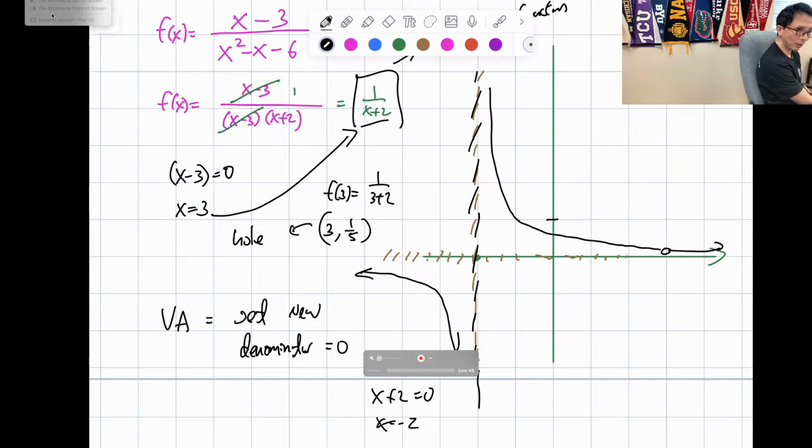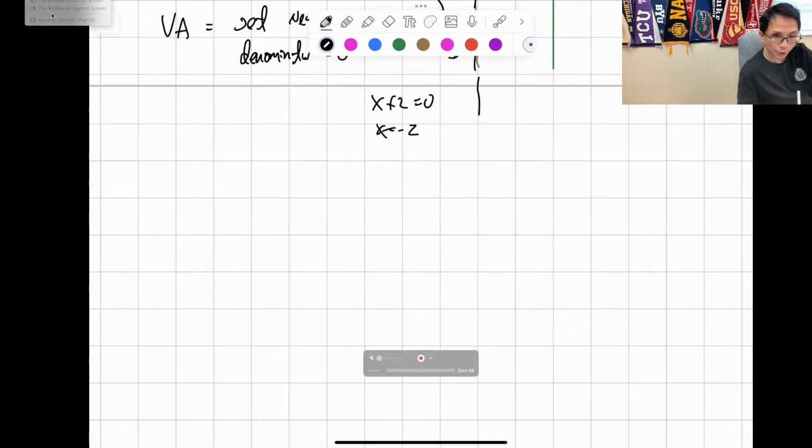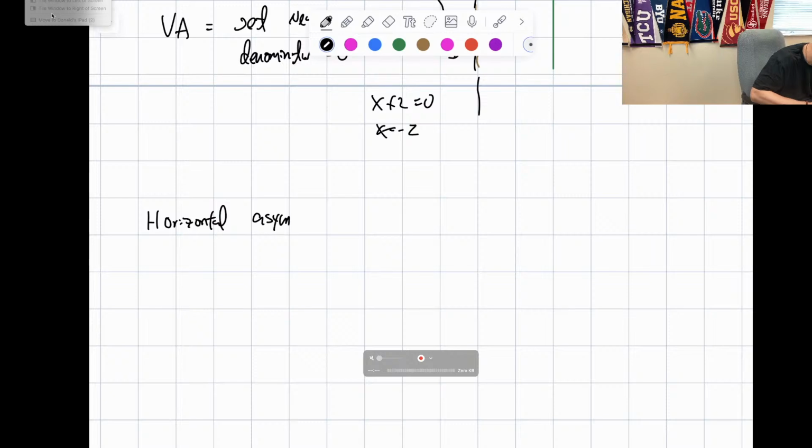Now let's talk about horizontal asymptote. So horizontal asymptote is actually very easy to determine. You compare the degree. You might want to write this.